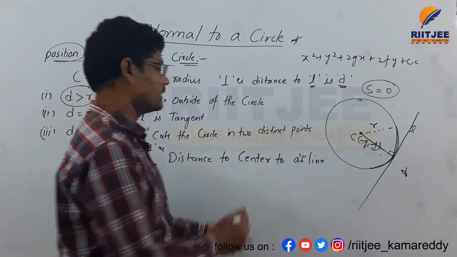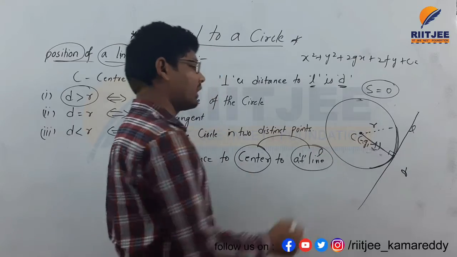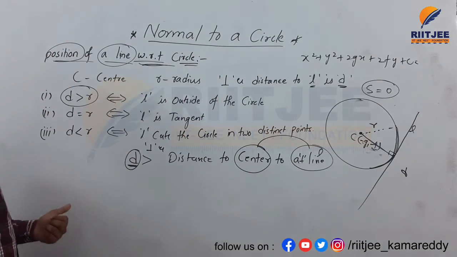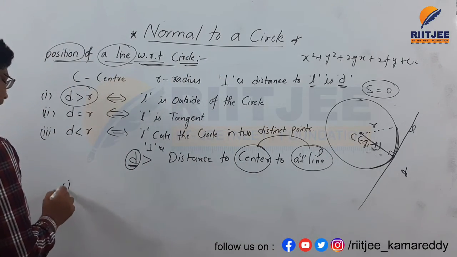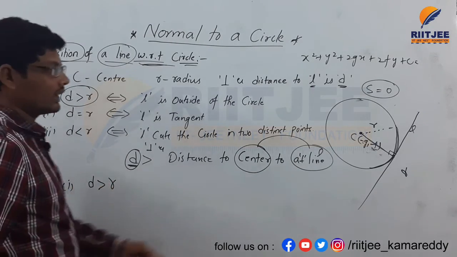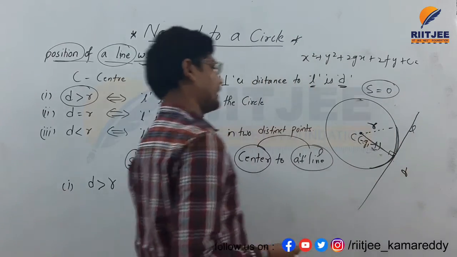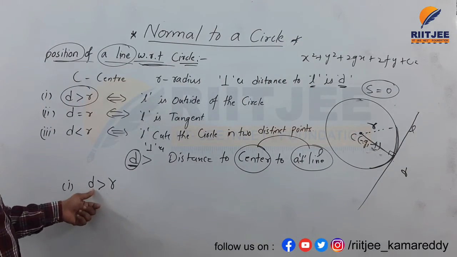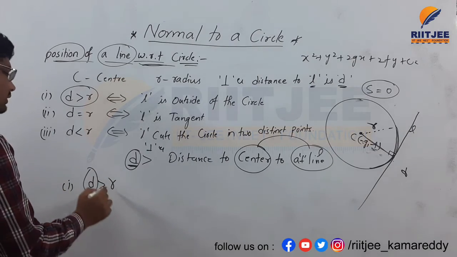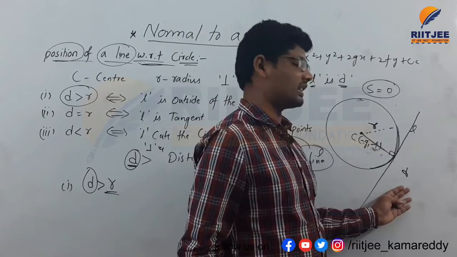The perpendicular distance from the center to a line L is called small d here. And the first condition is, if D is greater than R, the distance is more than the radius, it should not touch the circle.